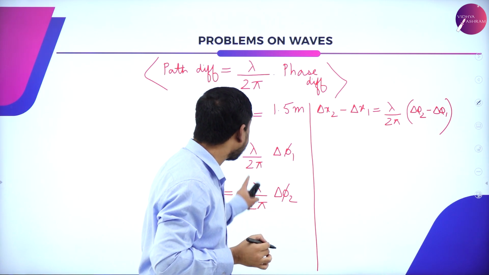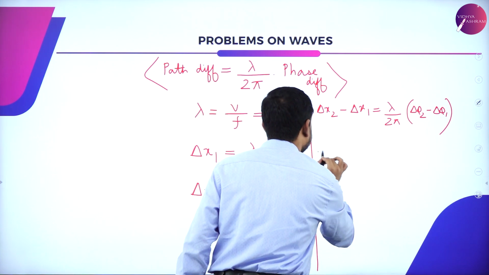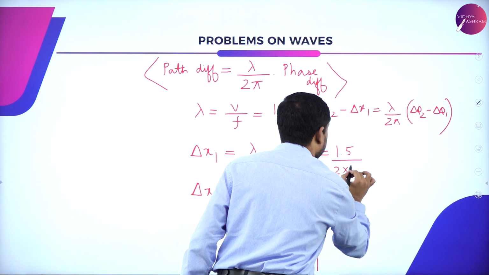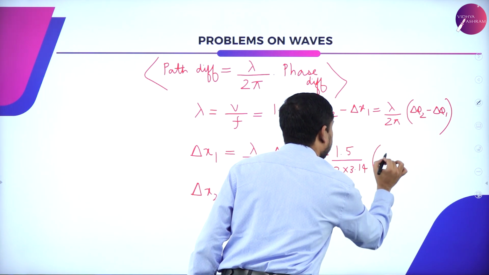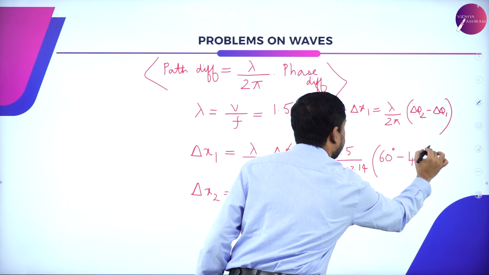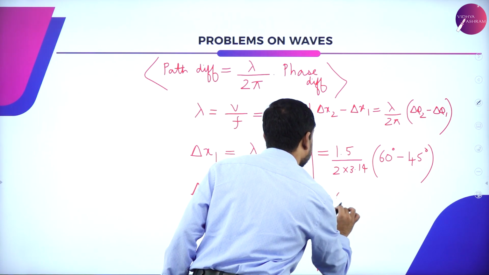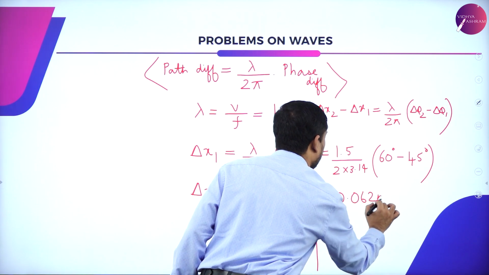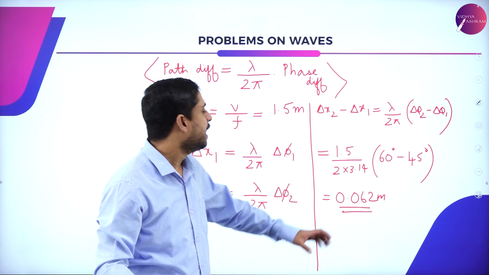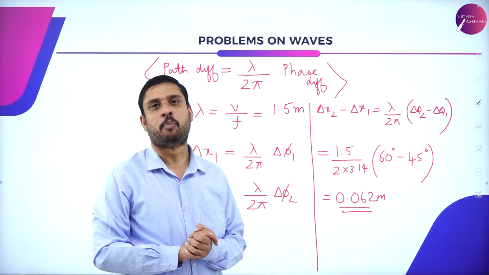I'm just subtracting to get the distance between these 2 points. This is 5 by 2 into 3.14, into 60 degrees minus 45 degrees, which is 15 degrees. So 0.062 meters will be the answer. This is the path difference or the distance between the 2 points.